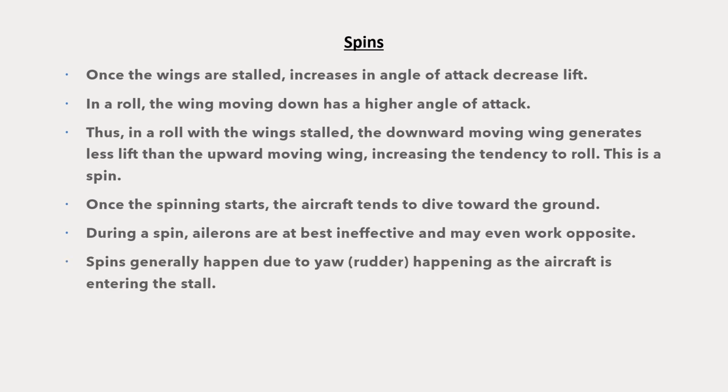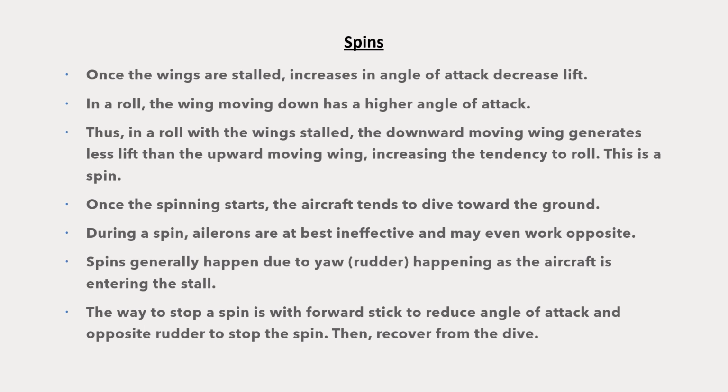The way that you normally get into a spin, either accidentally or if you're trying to do it on purpose, is a lot of yaw happening right near the time that the aircraft is entering the stall. So if you're trying to avoid spinning, you need to avoid having yaw as you stall. If you're intentionally trying to make it spin, then you would do the opposite.